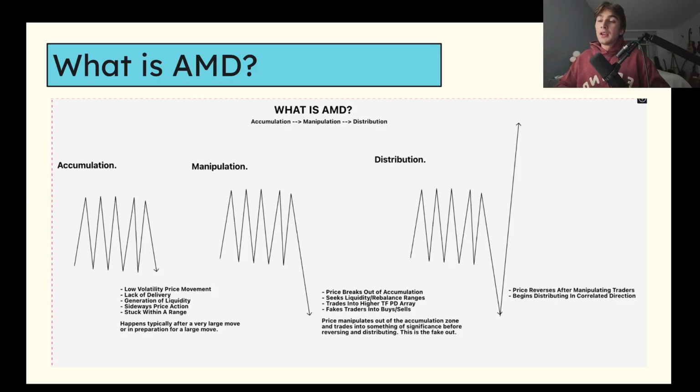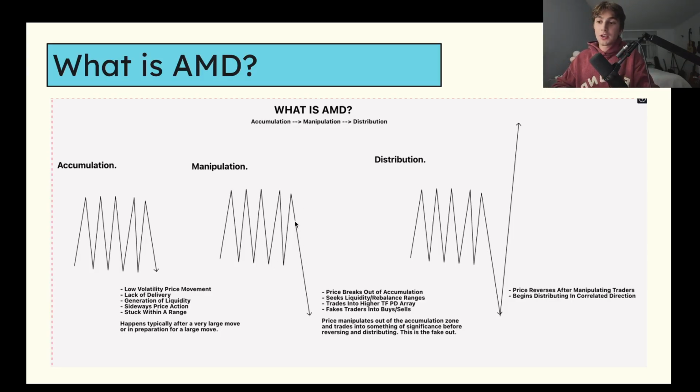And so the reason manipulation even works and the reason we've integrated it into the model is because what manipulation teaches you is that when the market is manipulating, it's trying to fake traders into buys or sells, right? So if you have price accumulating and then it breaks out of this range, what is the average retail trader going to think?